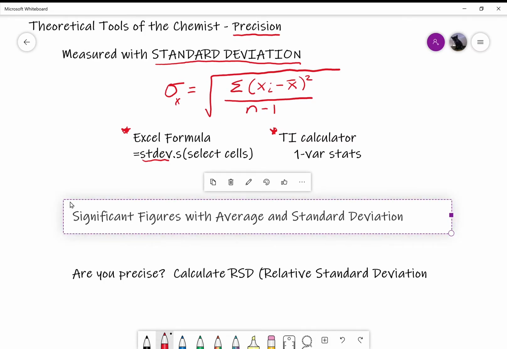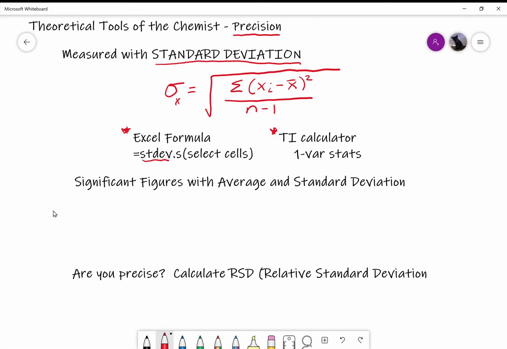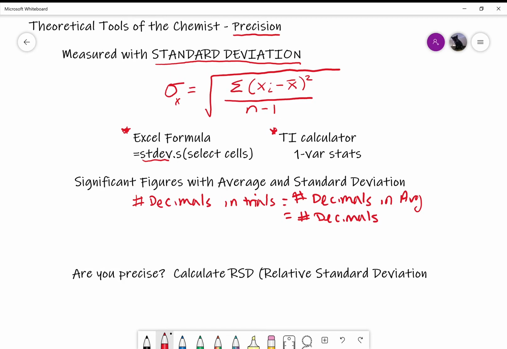Now, significant figures are actually pretty straightforward when you're talking about average and standard deviation. Essentially, the number of decimals in the trials should always be equal to the number of decimals in the average, which should always be equal to the number of decimals in the standard deviation.